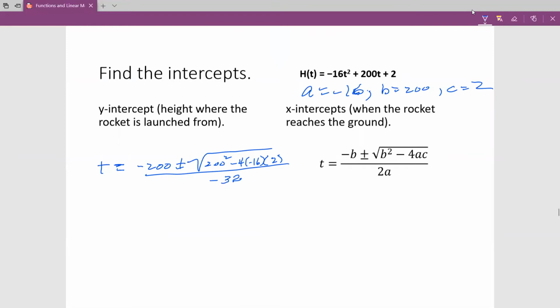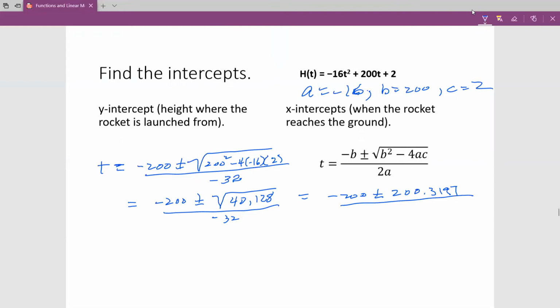Plugging in, we get -200 plus or minus the square root of the discriminant, which is 40,128, over -32, which is -200 plus or minus 200.3197 divided by -32.